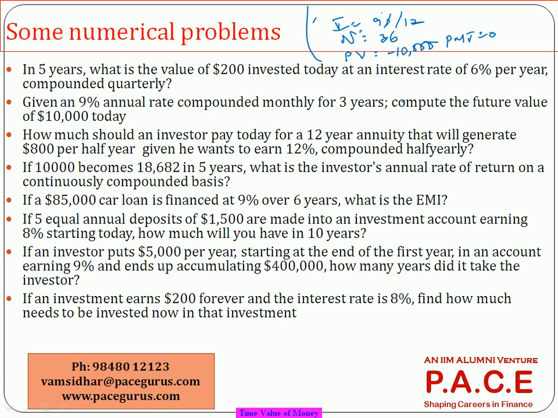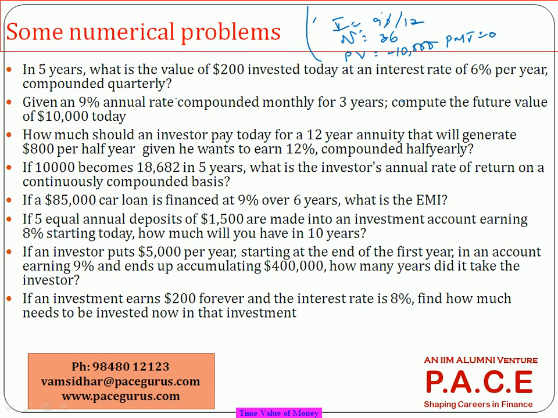Because it is compounded monthly, you have to be comfortable that these three elements, N, I/Y and PMT, should be in the same time period. In this example, of course, PMT is not there, so we don't need to bother about it. I as well as N should talk about the same period. If we are talking about compounding monthly, your I should be per month and your N should be in terms of months.